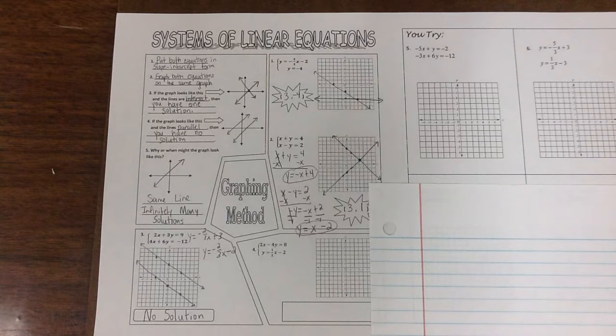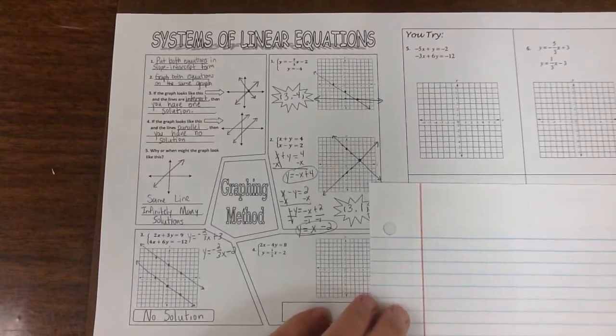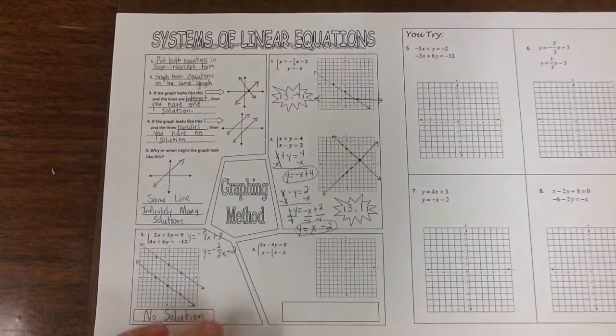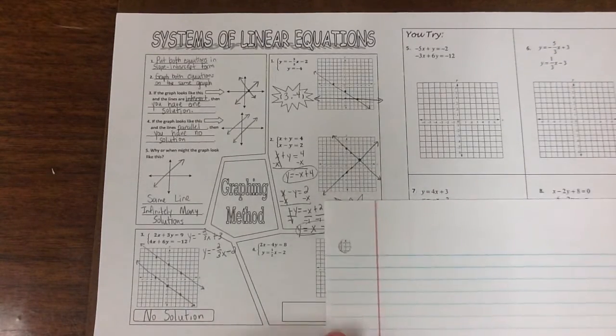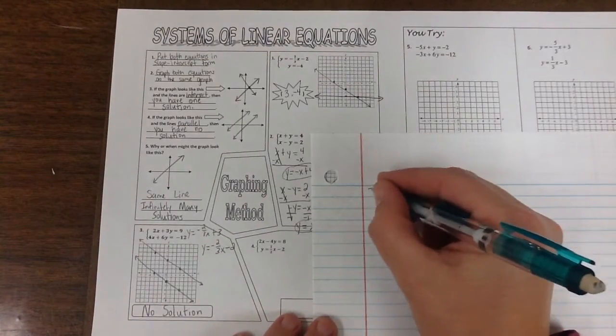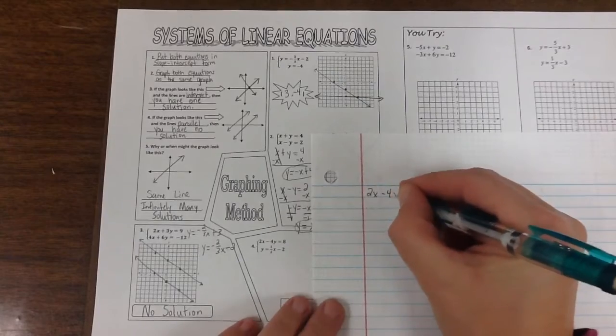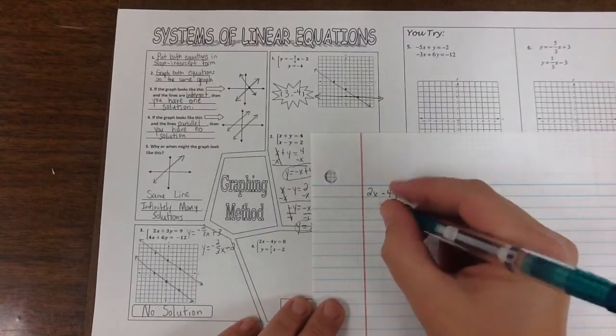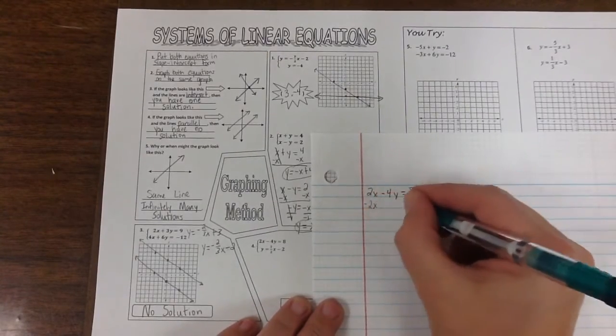All right. And last one we're going to do here together, number 4. So if I look at the top equation, I've got to solve it for y. So I'm going to pull over my scrap paper again, and I'm going to take that first equation there, and I'm going to solve it for y, so minus 2x.